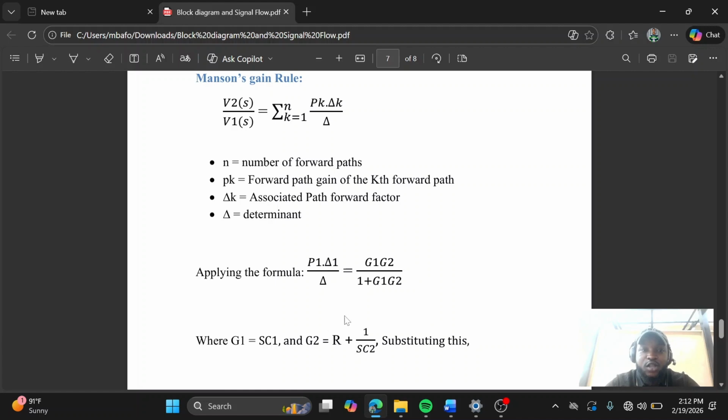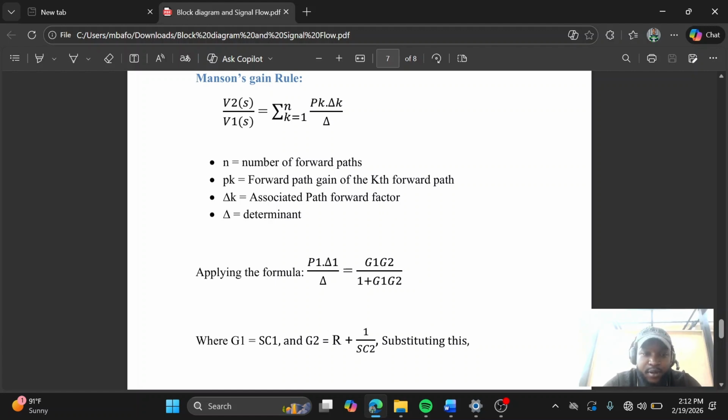Mason's gain rule states that the summation from k equals 1 to n of the numerator P_k times delta_k, over delta, where n stands for the number of forward paths, P_k stands for the forward path gain of the k-th forward path, delta_k stands for the associated path factor, and delta stands for the determinant.